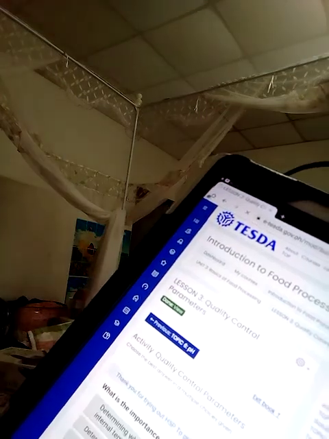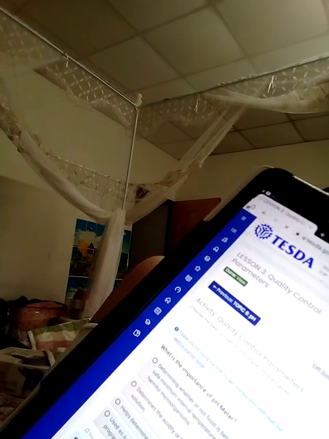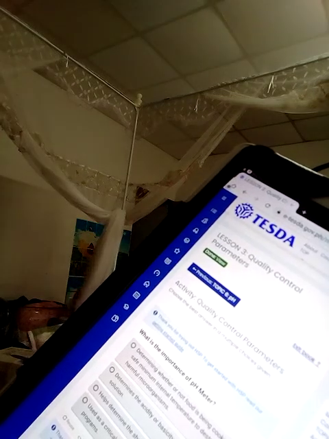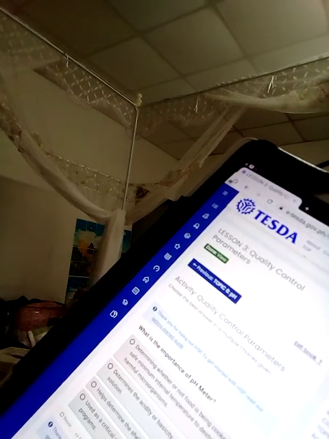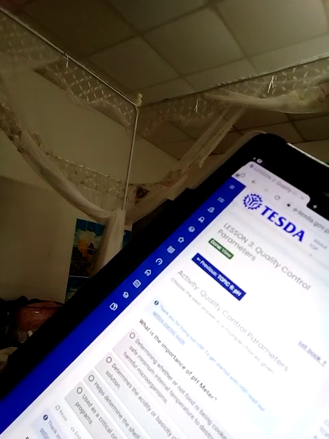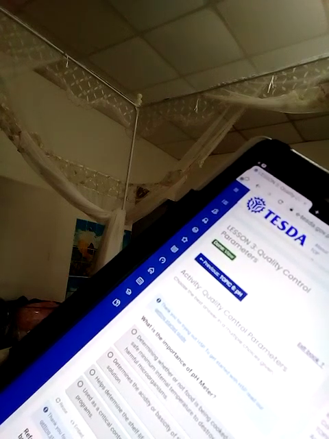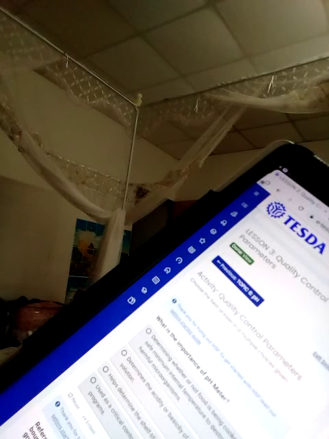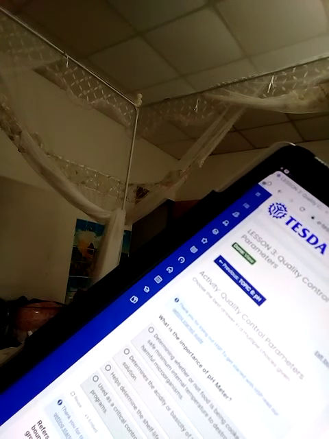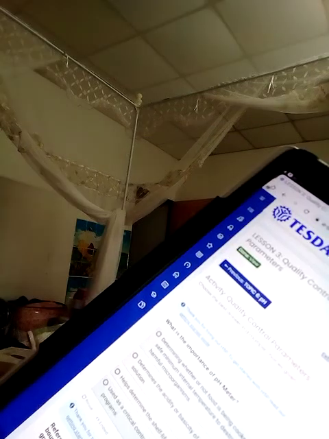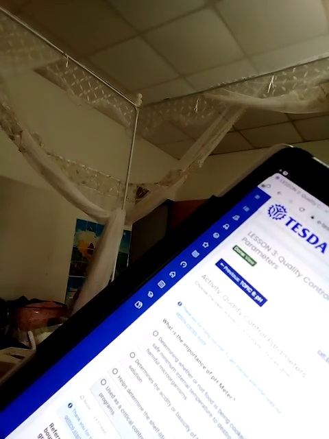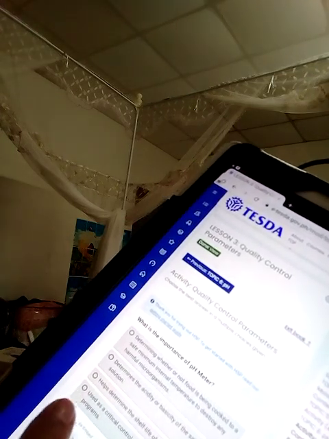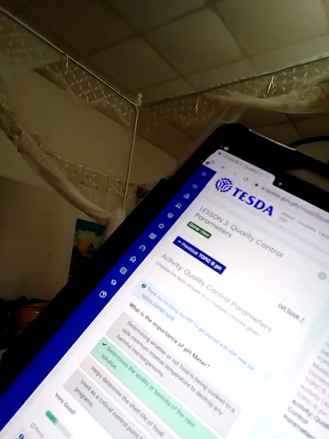Determining whether or not food is being cooked to a safe internal temperature to destroy any harmful microorganism, or determines the acidity or basicity of the said solution, or helps determine the shelf life of food, or used as a critical control point of a CCP program. So pH meter is about acidity and basicity. Okay, we're correct.